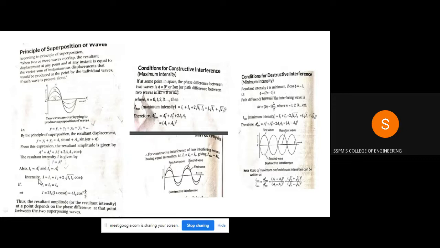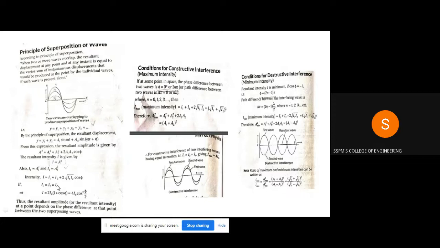Then the resultant intensity at the location of superposition is given by I equals I1 plus I2 plus 2 square root of I1 I2 cos phi. If I1 equals I2 equals I0, the same expression can be written in terms of phi.